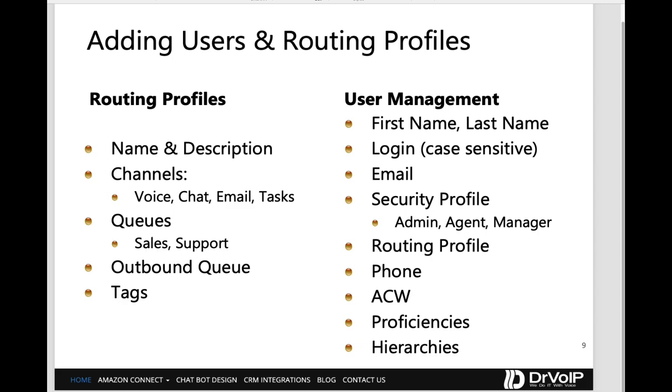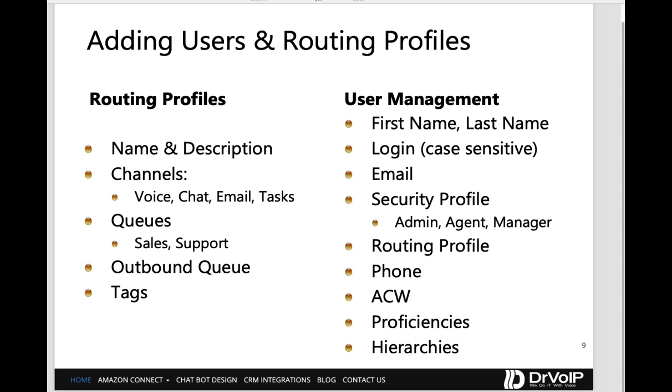The routing profiles will define the channels, whether it's voice, chat, email, tasks, what queue that routing profile will address. When they make an outbound phone call, what caller ID will be displayed? Now, generally, the caller ID is displayed on a queue by queue basis. So in our little call center here, sales might have one phone number and support might have another.